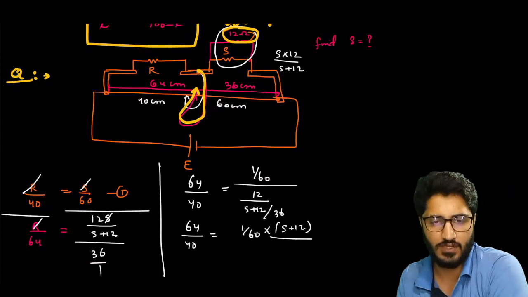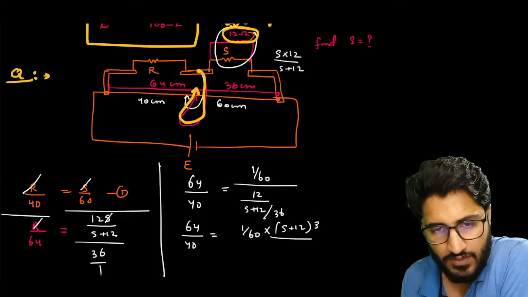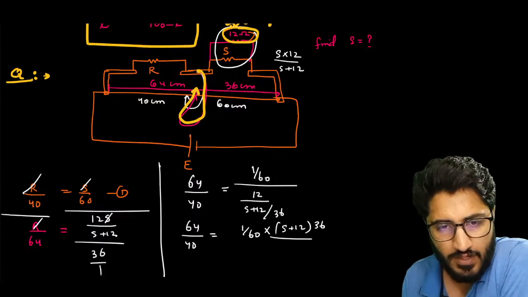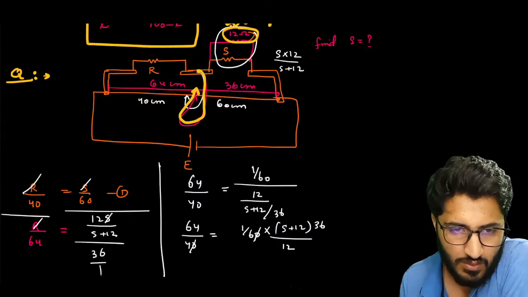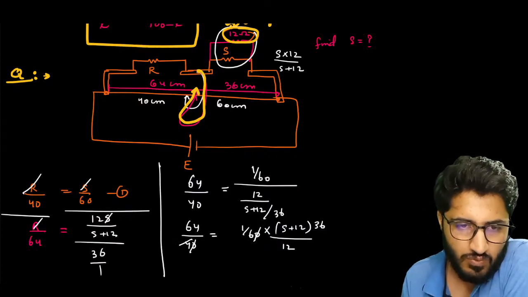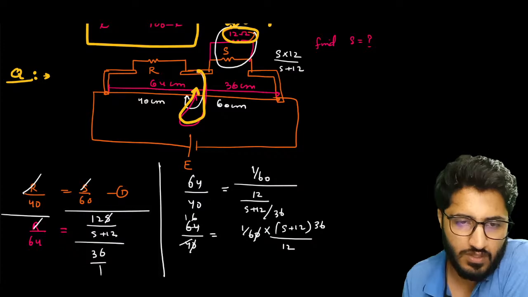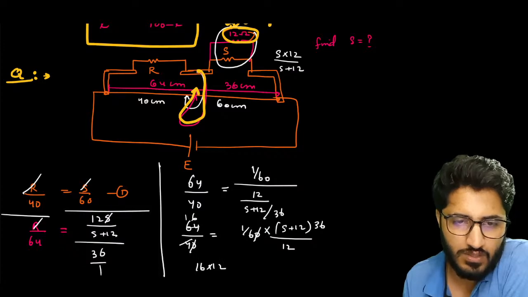It is 36, is it? No? 36 divided by 12. So 1 cancels out. 4 1s are 4. So we have 16 into 12 divided by 36 equals to S plus 12.